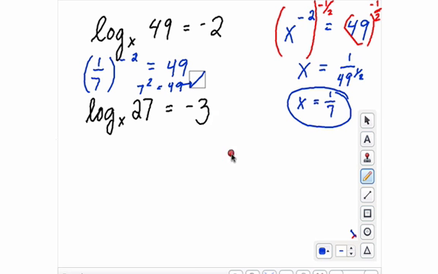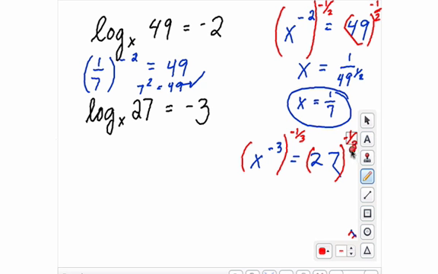So you can see the process just repeats here. You're going to have x to the negative 3 power equals 27. You undo the negative 3 by raising it to a negative 1/3 power and do the same thing to the other side. You see the process just repeats, and it varies a little bit based on whether you're getting a negative or a fraction.